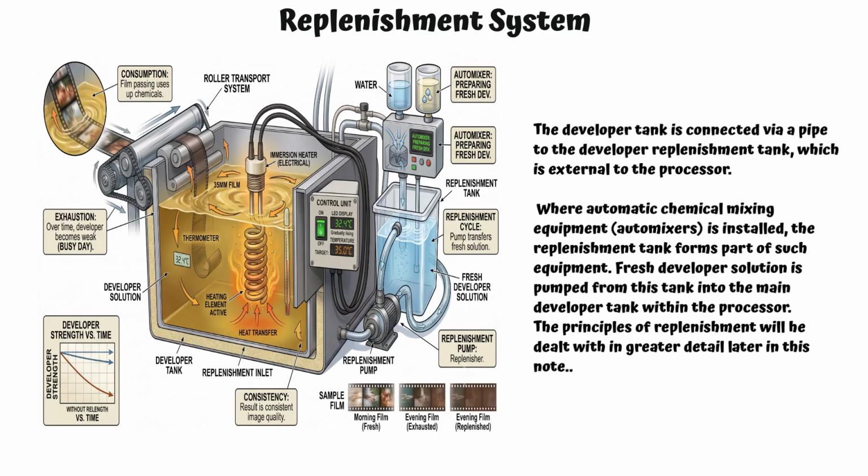In departments where auto mixers are installed, that is, automated chemical mixing equipment, the replenishment tank forms part of the system. The auto mixer prepares fresh developer solution at the correct concentration and feeds it into the replenishment tank, ready to be pumped into the processor as needed. The result is a developer that remains chemically active and consistent from the first film of the day to the last.